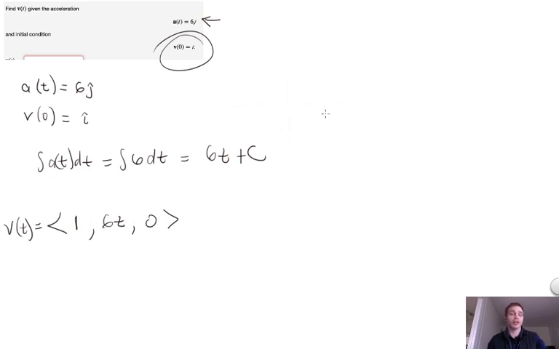Now, if we had an initial velocity, let's say, suppose we had v naught equal to i plus j. We had some initial velocity in the i and j direction.